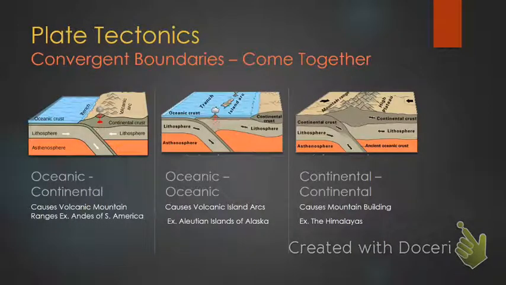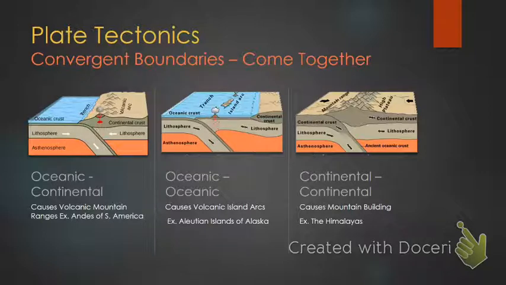All right, the other type of plate boundary is convergent boundaries. To converge means to come together. Depending on the types of plates bumping into one another, you're going to have different things happen. On the far left, you see oceanic-continental. If an oceanic plate meets a continental plate, you end up with volcanoes, because the oceanic plate subducts beneath the continental plate.